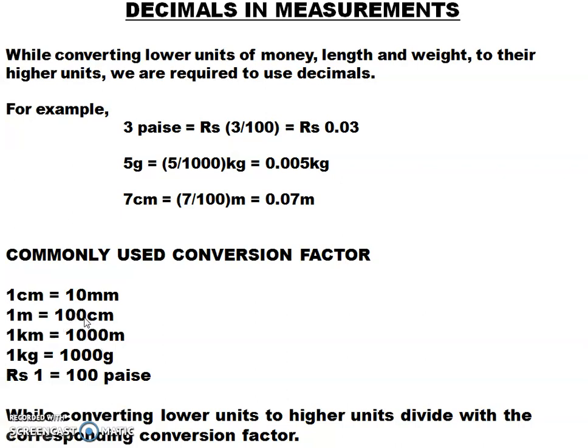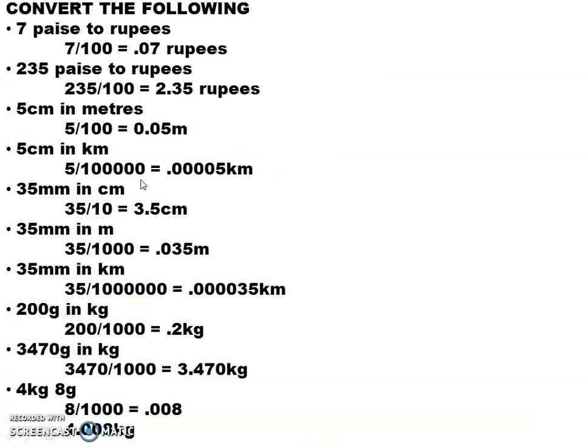So, if you are converting centimeter to kilometer, you are dividing it by 1 lakh. 5 by 1 lakh. So, the answer is 0.0005 kilometer. 4 zeros are there.